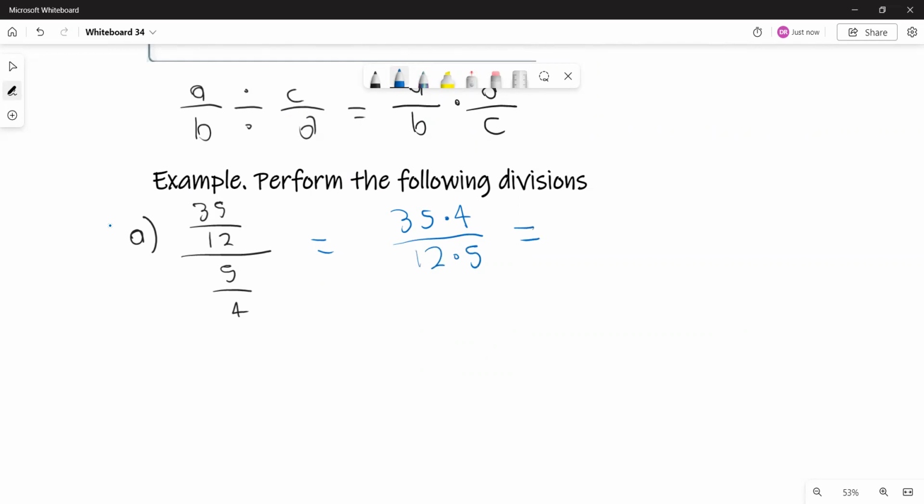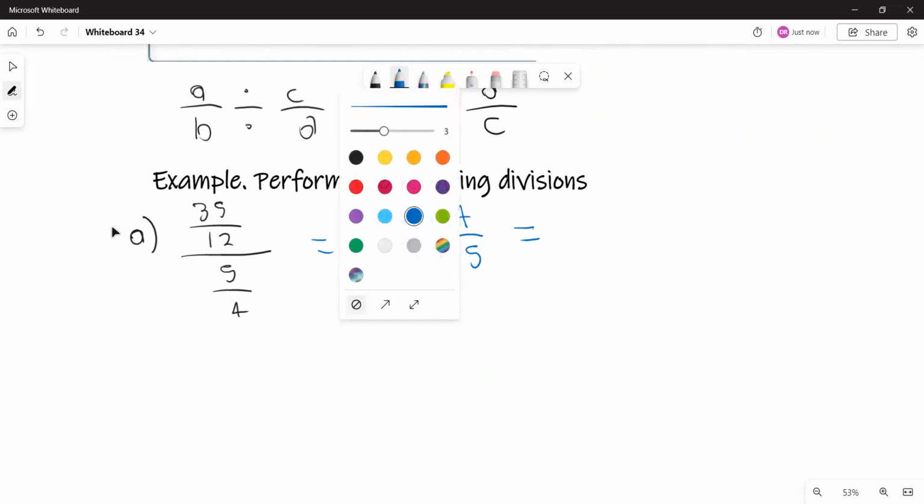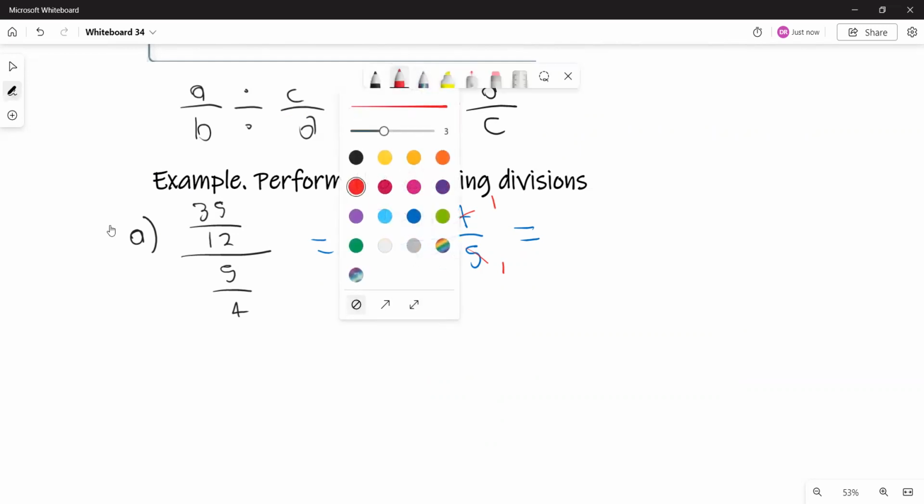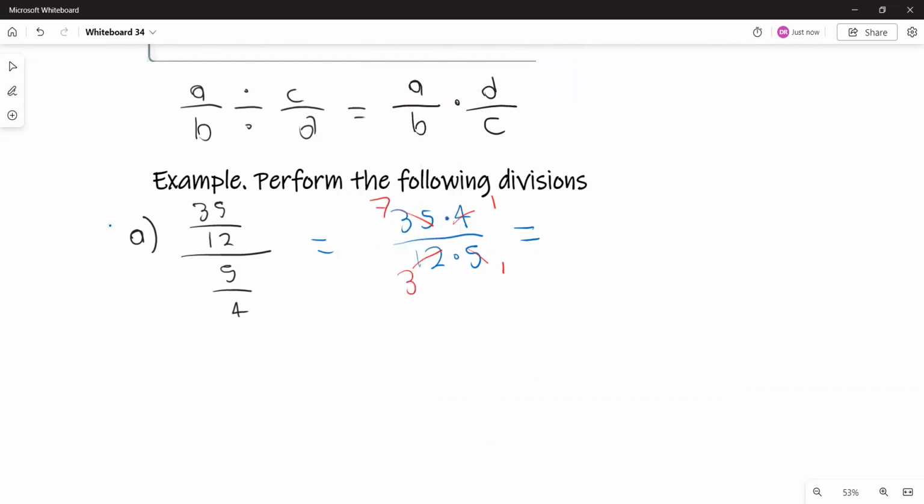And we can reduce a couple of things. 35 and 5 are divisible by 5. 35 over 5 is 7, and 5 over 5 is 1. And 4 and 12 are both divisible by 4. 4 over 4 is 1, and 12 over 4 is 3. So the final answer is going to be 7 times 1 over 3 times 1, or simply 7 over 3.